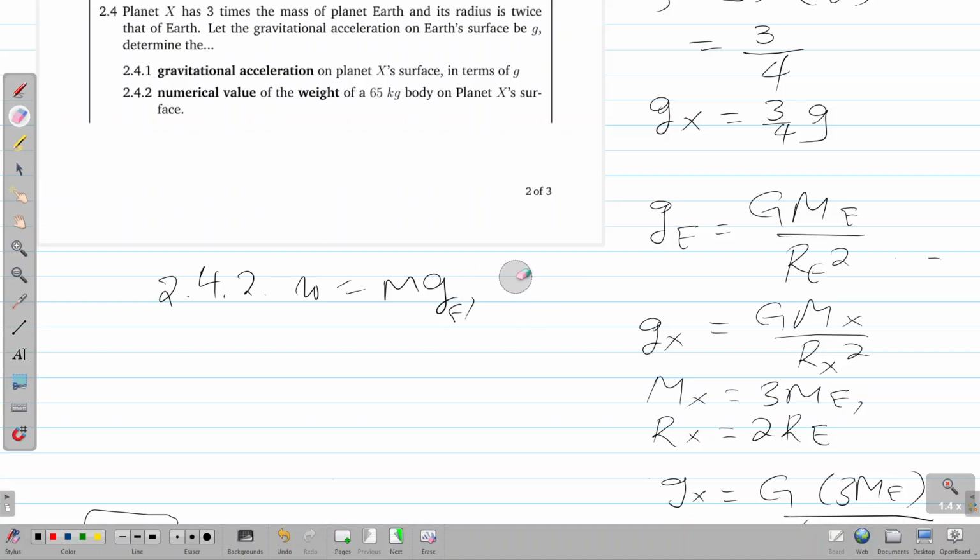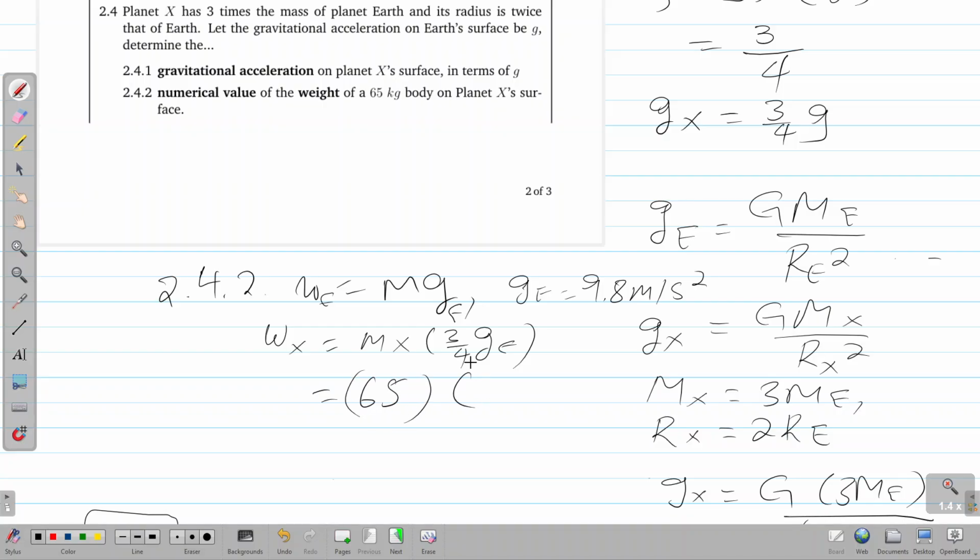But we don't want its weight on planet Earth, we want it on planet X. So the weight of this object on planet X is going to be its mass times g_X, and g_X is going to be 3/4 g_E. So that gives us 65 times 3/4 of 9.8.